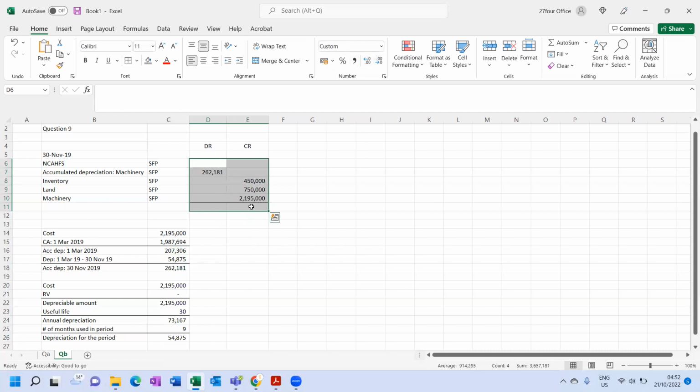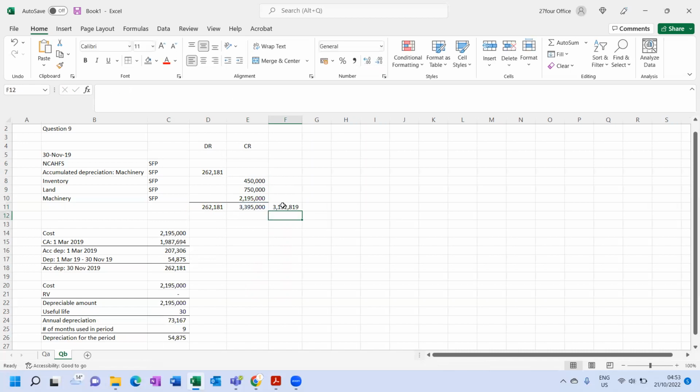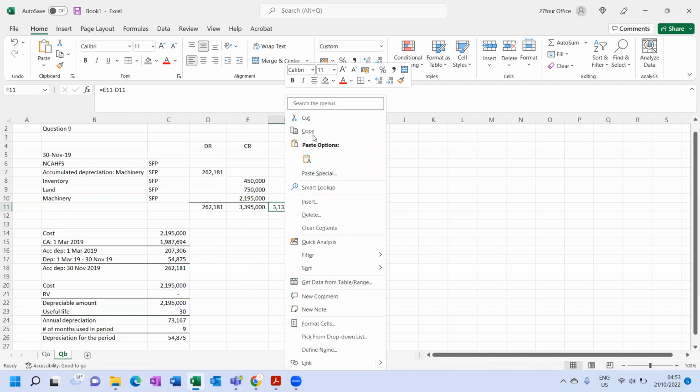If I add up all of this, the balancing figure will basically be the disposal group.